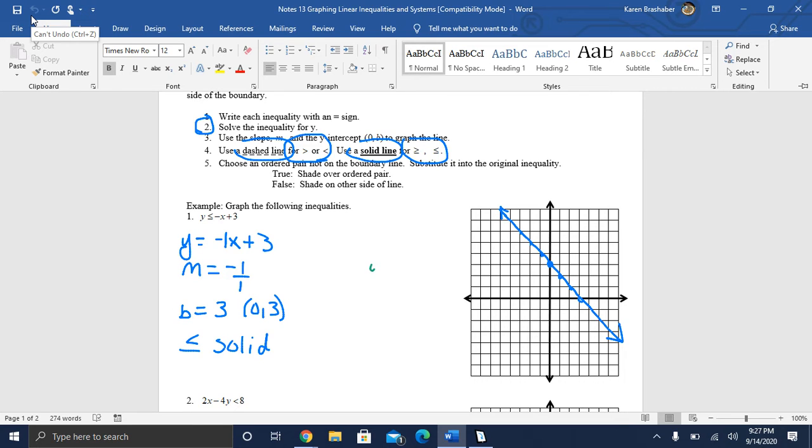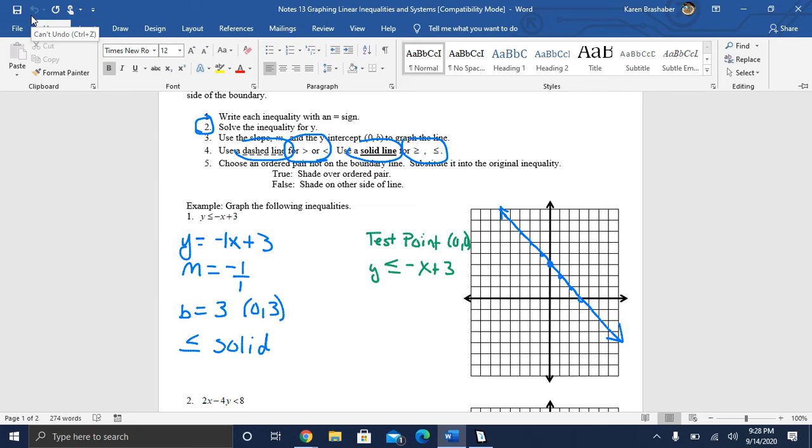So the original statement was y is less than or equal to negative x plus 3. We'll use a test point of 0, 0 to determine where the ordered pairs are that make this true.